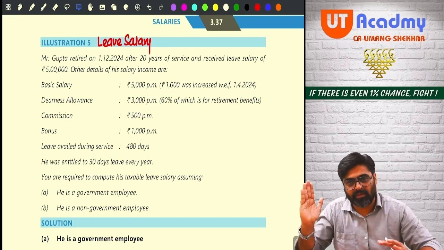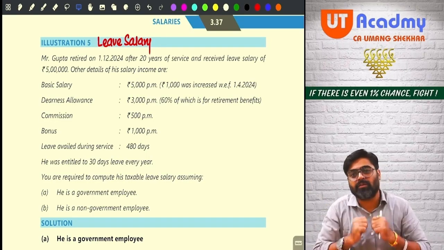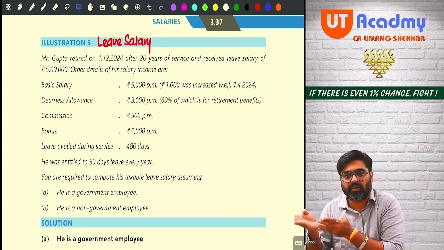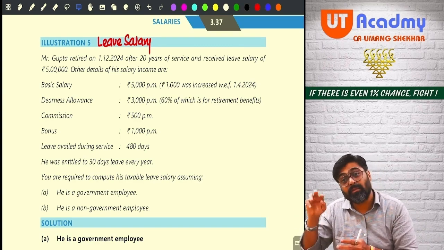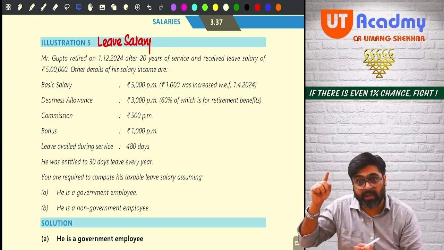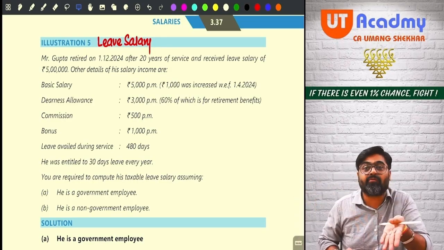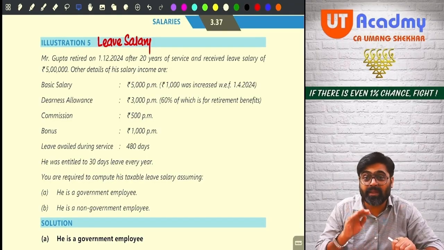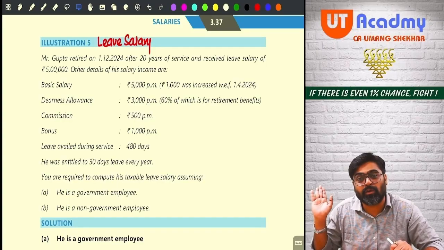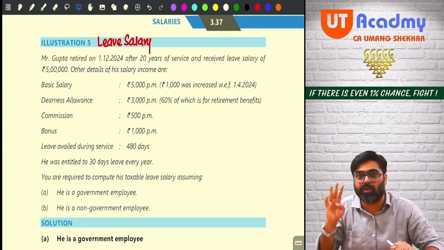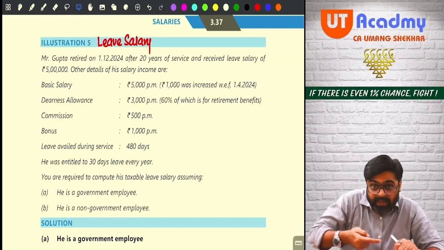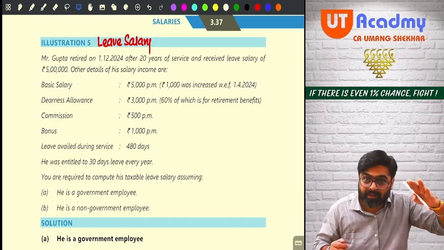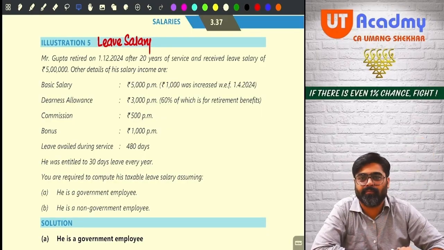So for the last 10 months, what was the basic which I was receiving? At the time of retirement, I am receiving 5,000. But they are saying that basic was something else which was increased by 1,000 and then it became 5,000, no? Meaning that basic prior to 1st April 2024 was not 5,000, it was 4 only. 4 increased by 1 became 5, which you are receiving since April till the date of your retirement.